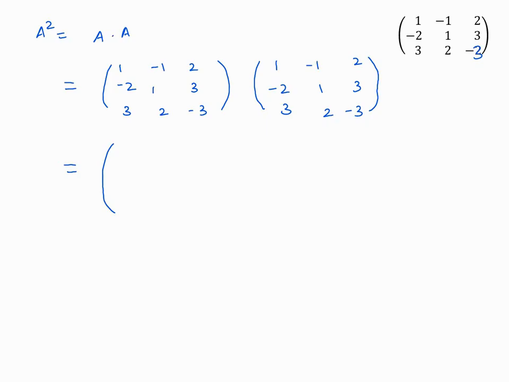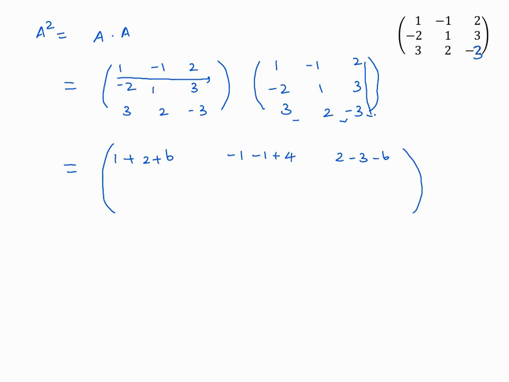First row with the first column, you get 1 plus 2 plus 6. Then first row, second column: -1, -1 plus 4. Then first row, third column: 2 minus 3 and -6.